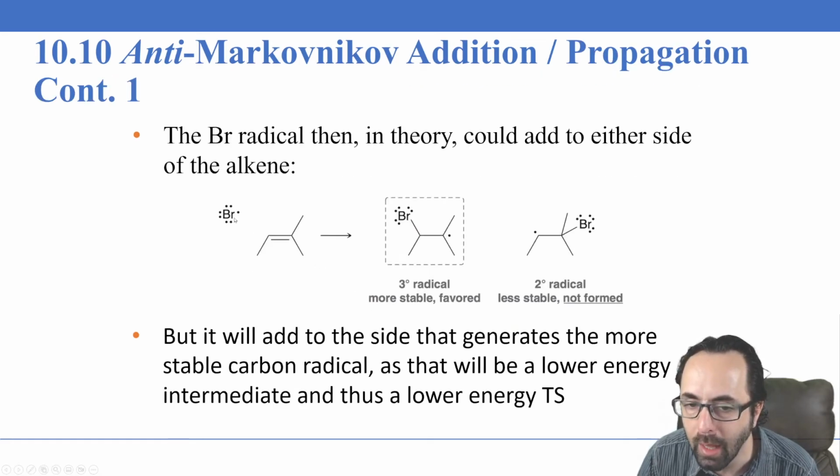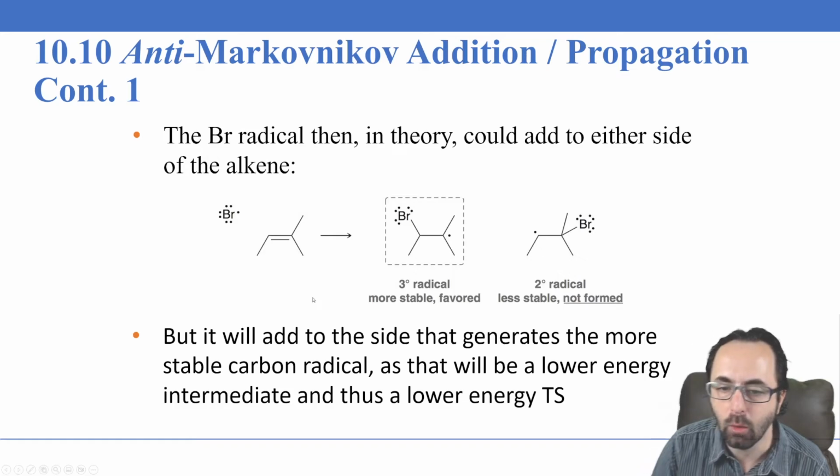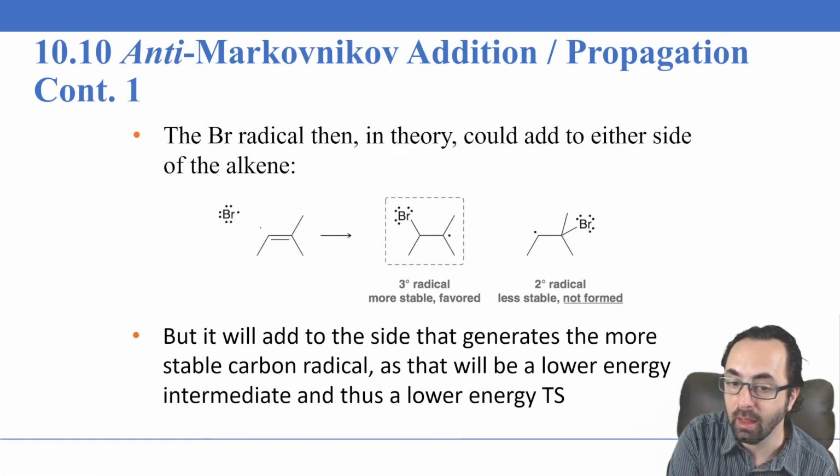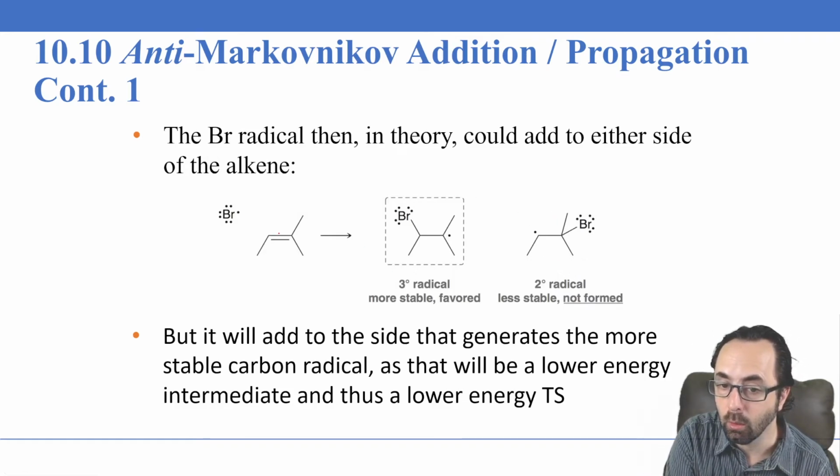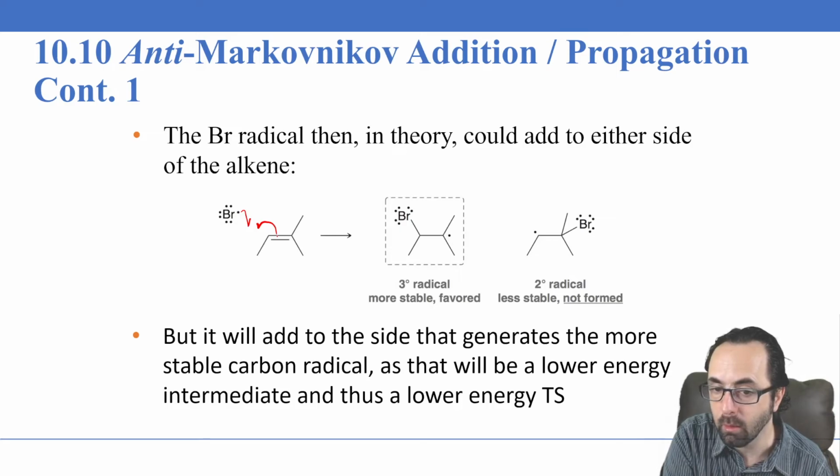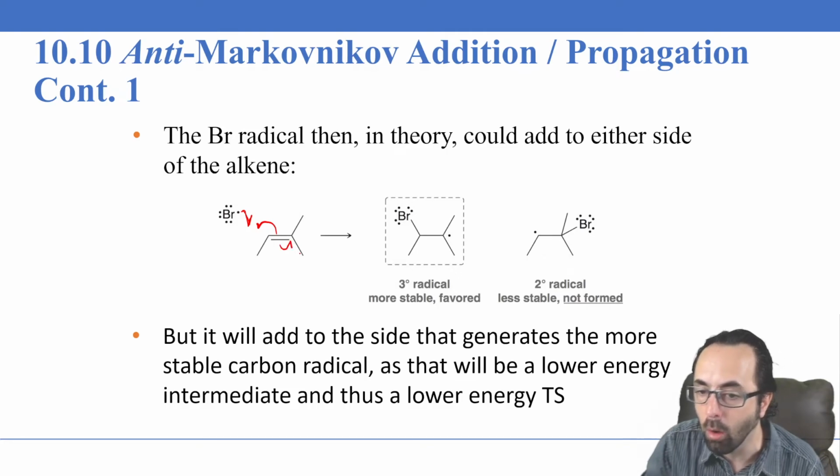So when the bromine radical goes and does the halogen addition here, this is a radical addition, where the electron from the pi bond goes into making the bond to the bromine, and the unpaired electron on the bromine goes into that bond, and then the other electron is going to go on the more substituted carbon.